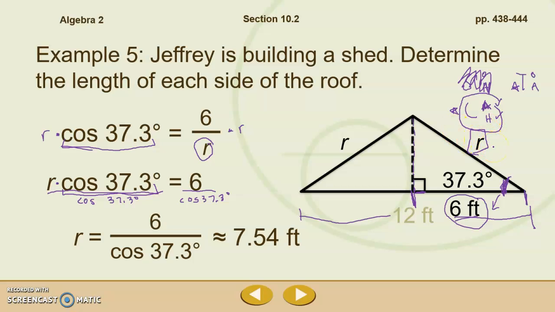So I needed to use a trig ratio that compares the adjacent side to the hypotenuse. And that's why cosine was selected. Finally, I'll set up my trig ratio. The cosine of my angle is adjacent over hypotenuse, and solve for the missing piece of information using my steps that I learned in algebra. So you may want to write each of those steps down to help you when solving a word problem that involves trigonometry.